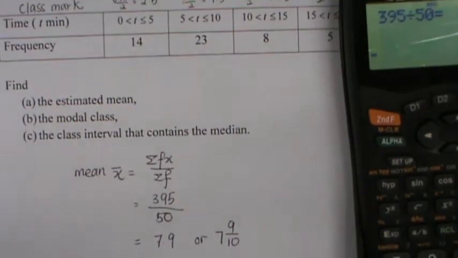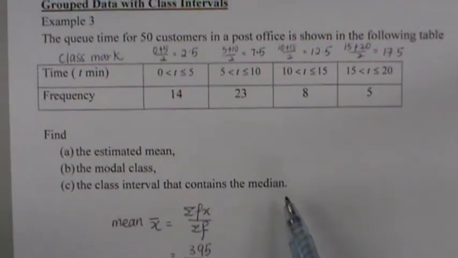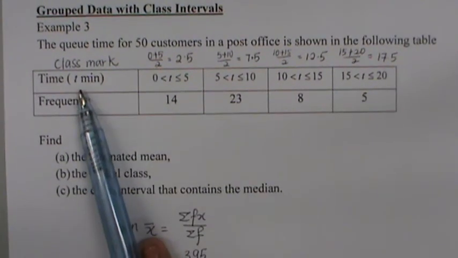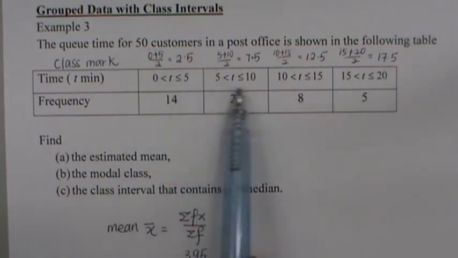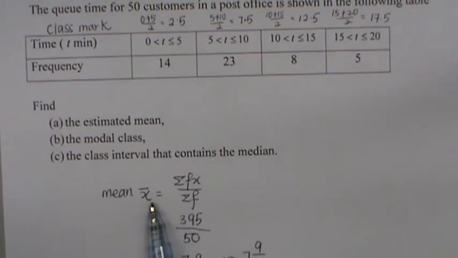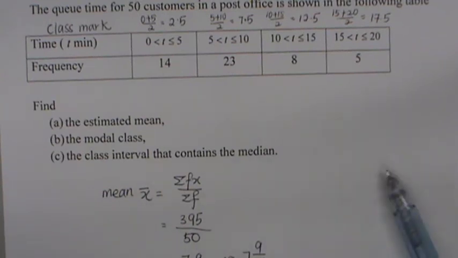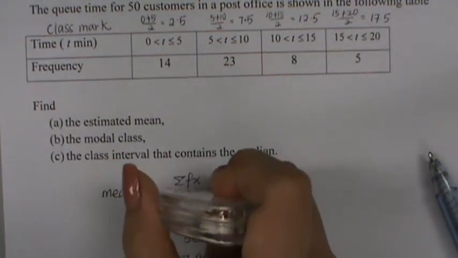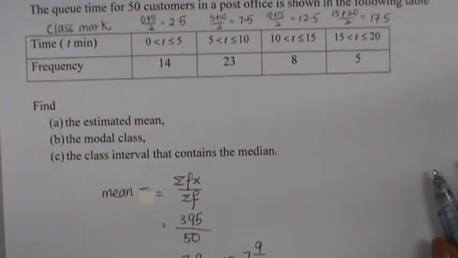In this case, let us read our question again. Now, in my question, I have time t minutes. All these data values are in terms of t. Do I write x bar, or should I change it to t? In this case, you are right. We should write it as t bar.